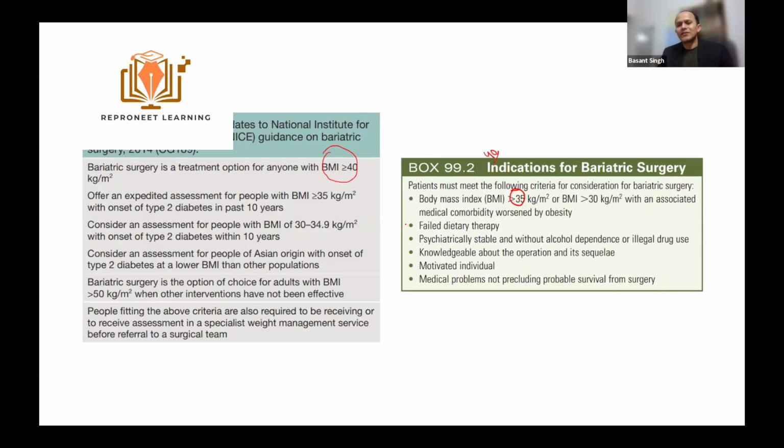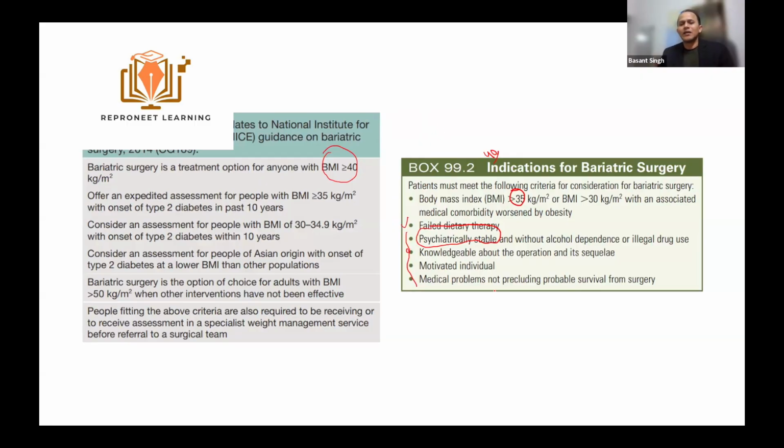So these are other indications: failed dietary therapy, psychiatrically stable, without any drug dependence. He should be knowledgeable about the surgery and motivated. All these things are very, very important. Although they sound a bit bookish, they are very important before you consider bariatric surgery.